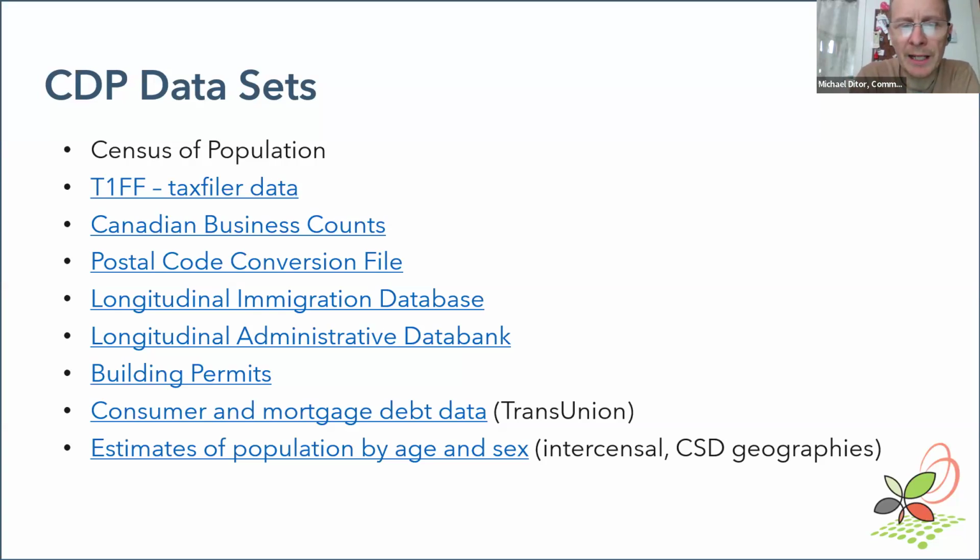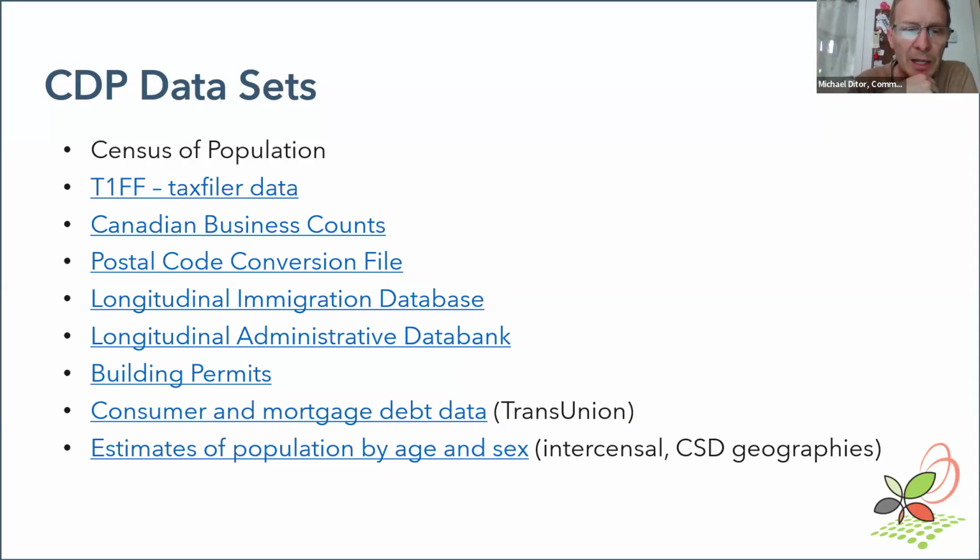The longitudinal administrative data bank is again also longitudinal. You can do a lot with this data set, but what we have in there mostly deals with low income dynamics. So how long do people stay in low income? What's the entry and exit rate from low income?